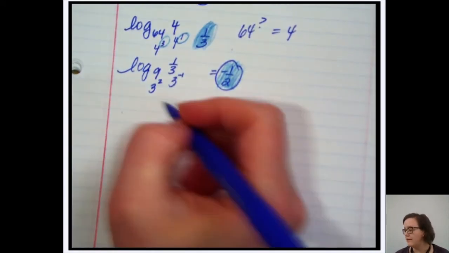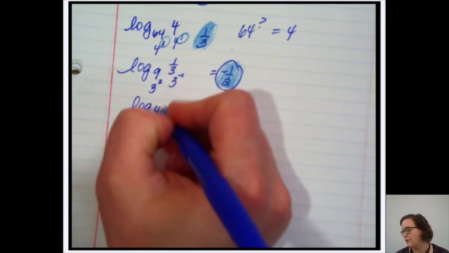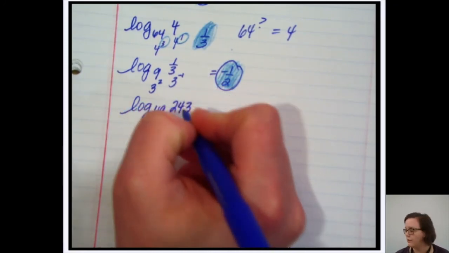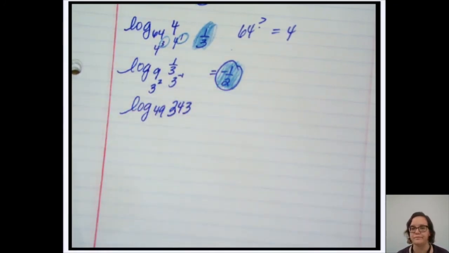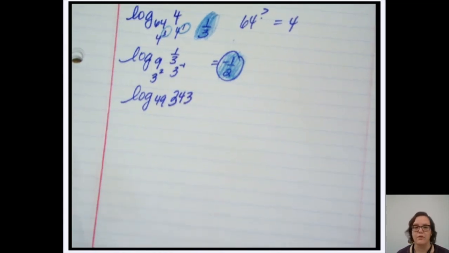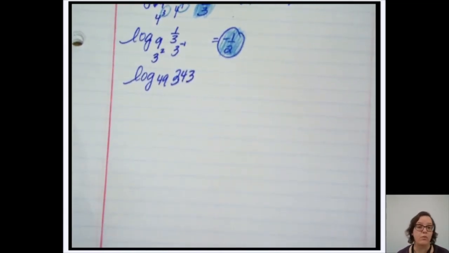And then finally, what about log base 49 of 343? Well, we know that the answer actually has to be bigger than 1 because 49 to the first is 49. And then 49 squared would be a huge number, right? 2,500, a little bit less than that. Okay, but we do know it has to be bigger than 1.